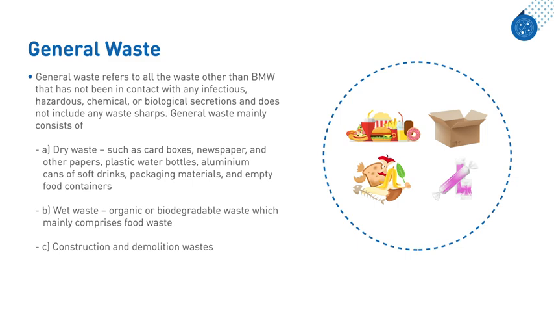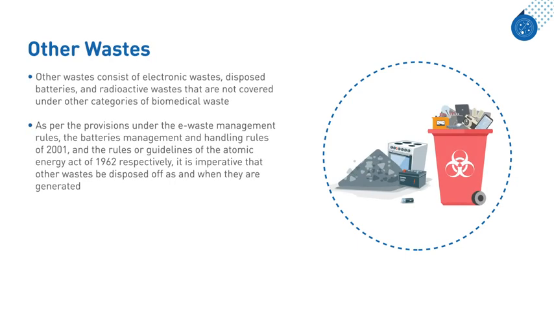Wet waste is organic or biodegradable waste, which mainly comprises food waste, construction and demolition wastes. It is to be remembered that general wastes are classified into dry, wet, and construction and demolition wastes and should be collected separately.